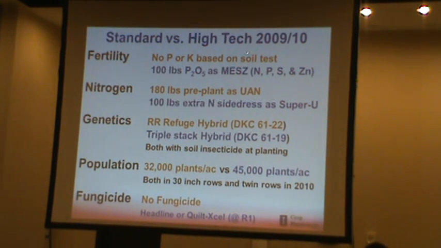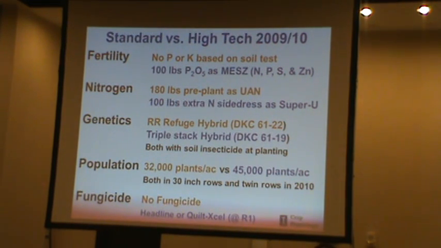And it just so happens to provide my 4 favorite nutrients all in the same granule. So that 100 pounds P2O5 is 250 pounds of product. That would also be 35 pounds of N, 25 pounds of sulfur, and 2.5 pounds of zinc. That's my better prerequisite.